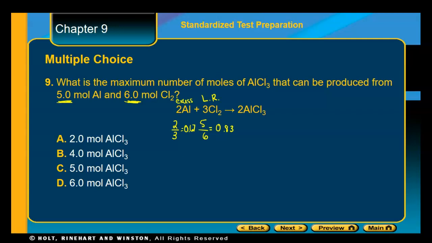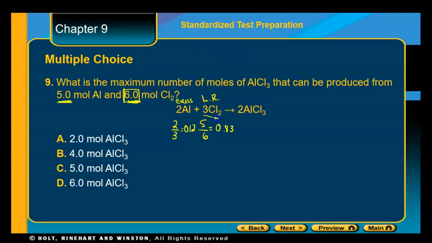So that's what we'll practice tonight, is getting that limiting reactant. But the maximum number of moles that can be produced from 5 moles of Al and 6 moles of Cl2, because chlorine is my limiting reactant there, I have to go with the moles of chlorine. This is the one I'm going to have to use.